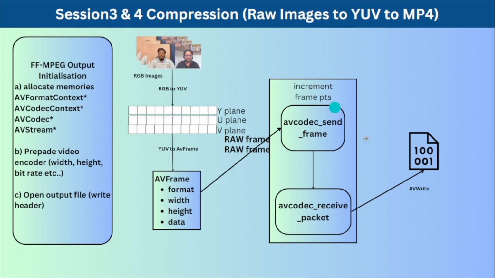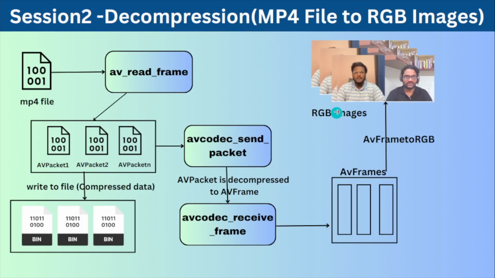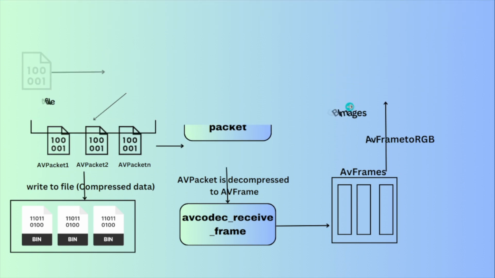Since we are only writing the images, which are already available, we don't need any input context, just the output context. Whereas when reading from the file, we need the input context, and we don't need any output context because we are just writing RGB images.